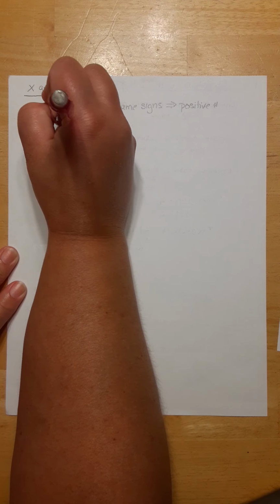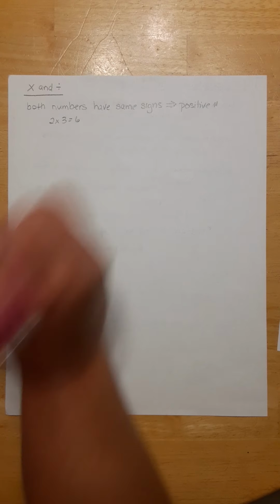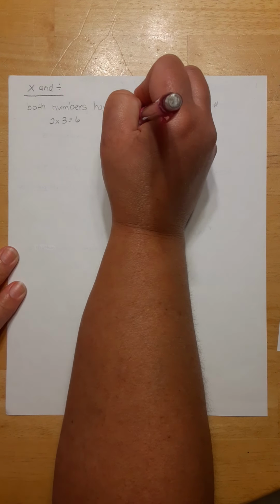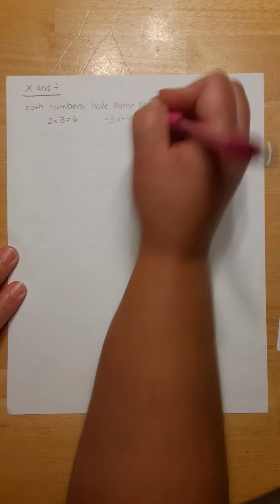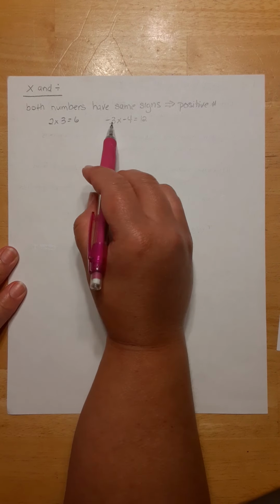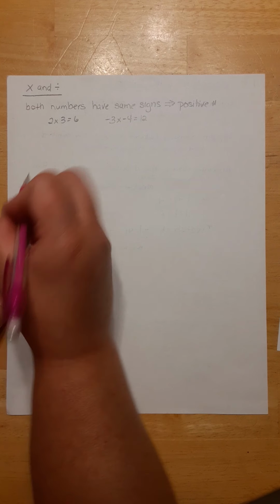So 2 times 3 is 6. Those are both positive. And negative 3 times a negative 4 gives me a positive 12. So it doesn't matter if they're both positive or negative. If the signs are the same for both of them, I get a positive answer.